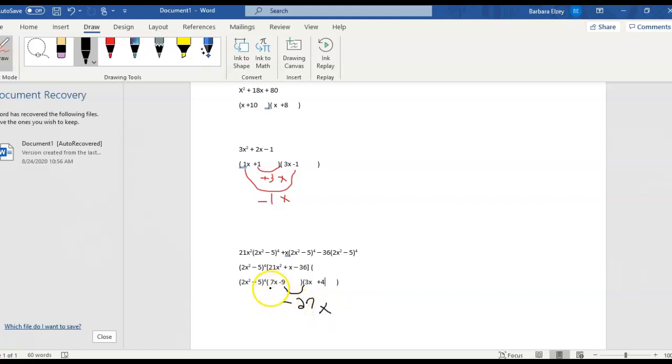And if I check the outside, 7x times 4 is 28x. And we want those two to add together to be our middle term, which is just positive 1x. And in fact, negative 27x and 28x do add to this middle term, positive x. So there it is. That's what we put in.